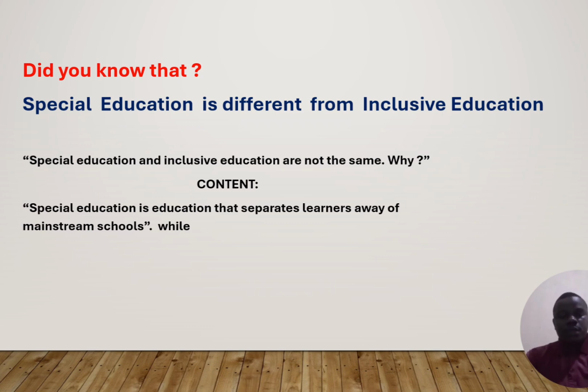It means this education is given to the student or learner in a separate place with a specific purpose of including developments. While inclusive education supports them in the same classroom, not separated.